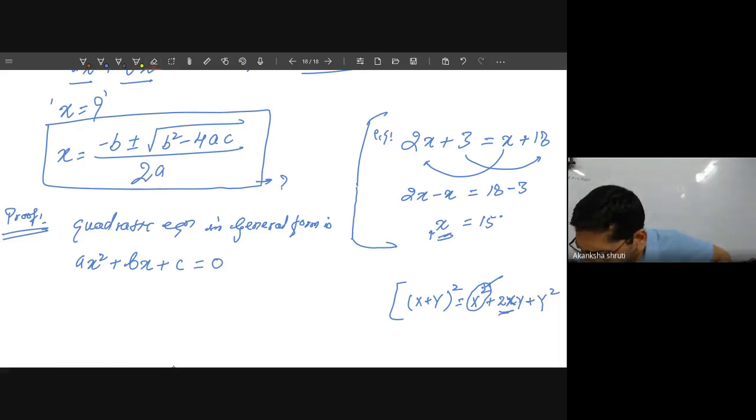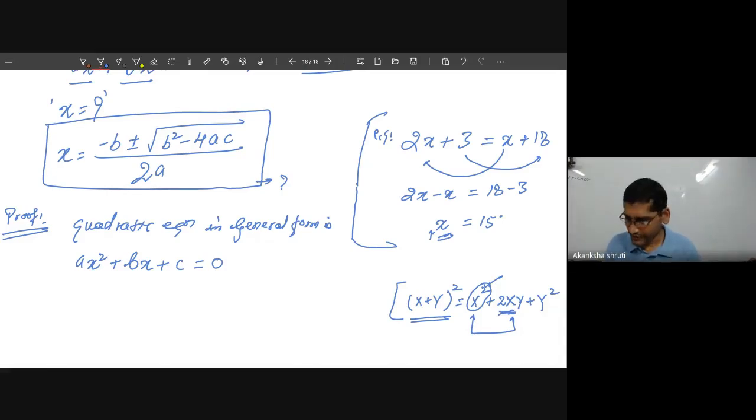Means this square leads to distribution of two kinds of term. One is the square term, another one is the linear term. So that concept we are going to use. If there is a square term and one linear term, then they can be combined in the form of a plus b whole square or x plus y whole square. So this concept we have to use.